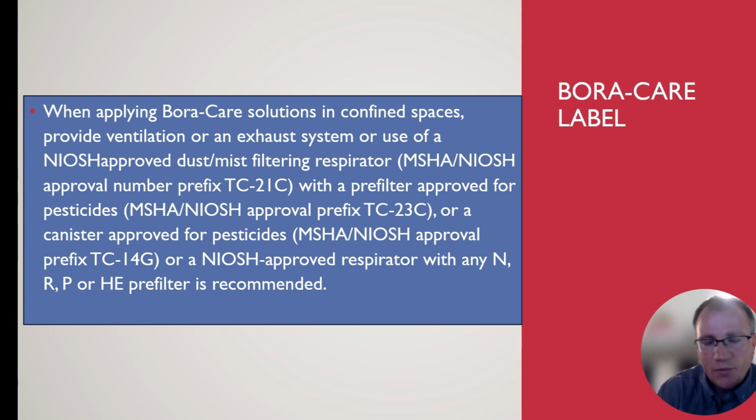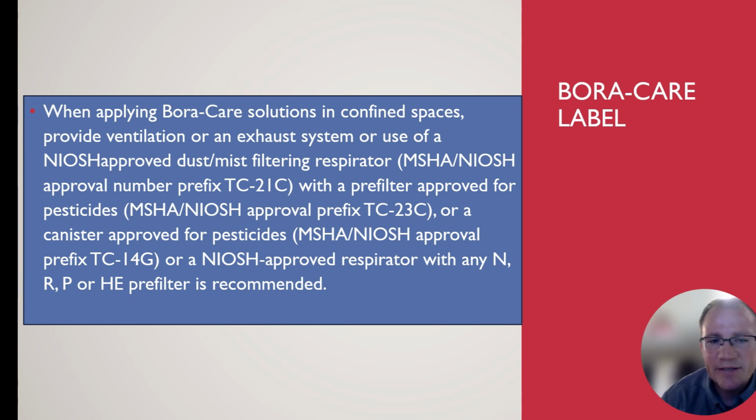So obviously when you're working in a crawl space, you're actually going to be applying Boracare in a confined space. So as we look at the label as it relates to that, you need to make sure you provide ventilation or an exhaust system or use a NIOSH approved dust mist filtering respirator. This would be MSHA/NIOSH approval number prefix TC-21C. It needs a pre-filter approved for pesticides.